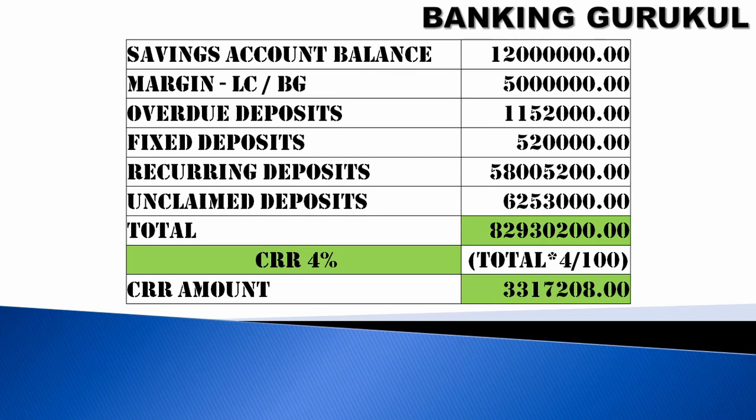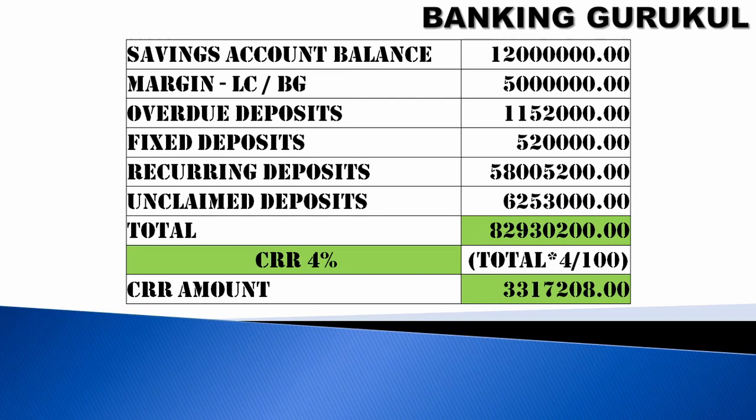So in my example bank, for the calculation of CRR, what components should be included? The bank has savings accounts, in which there is a balance. We have margin accounts for LC/BG, where a balance is available. We have some overdue deposits, deposits that are matured and not claimed. Fixed deposits, recurring deposits, unclaimed deposits. In total, in my example, we have around 8 crores.